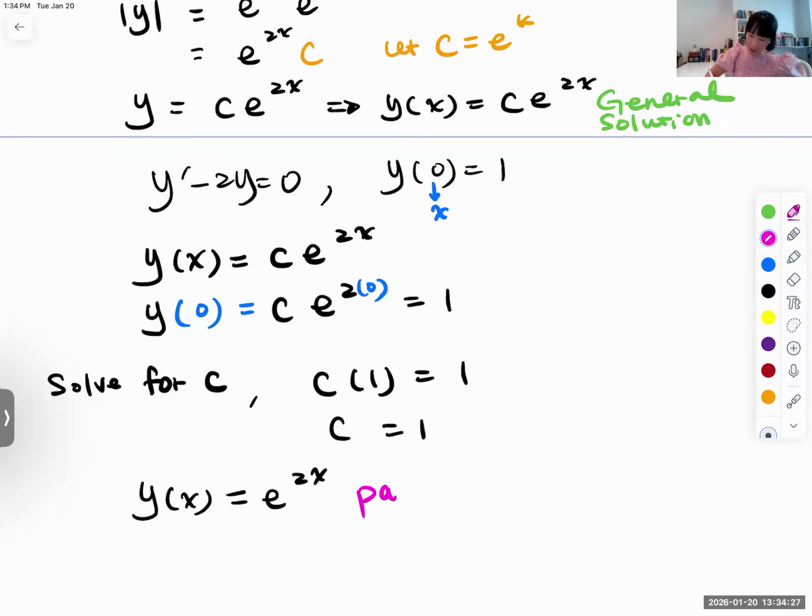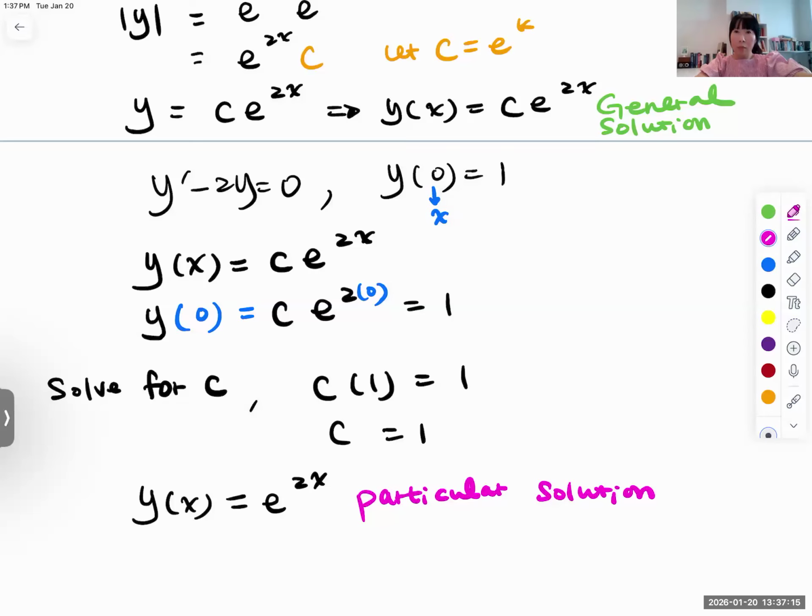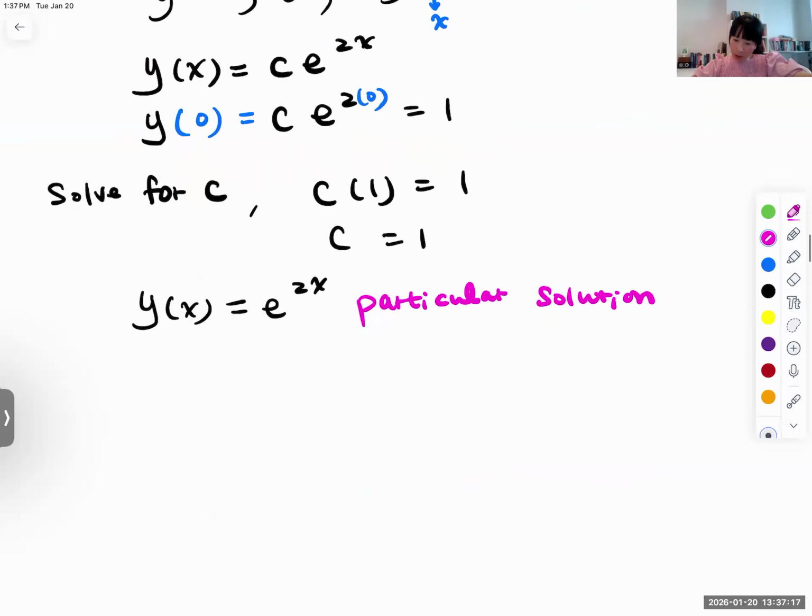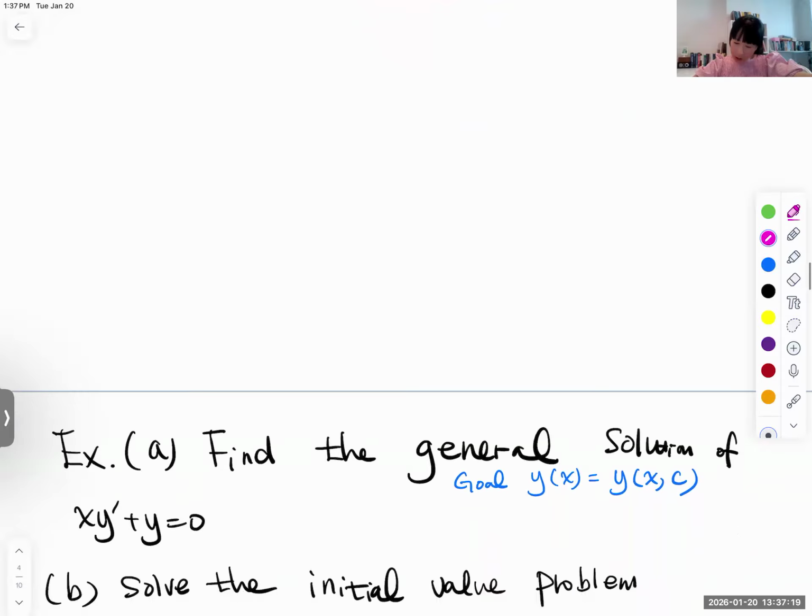Particular solution. Is it okay? Okay, so let's take a look at other questions.